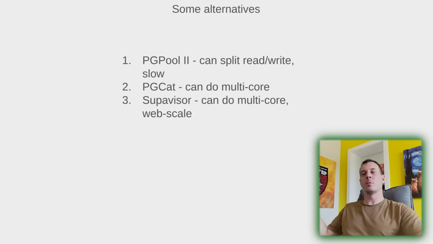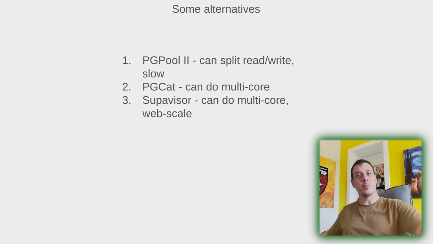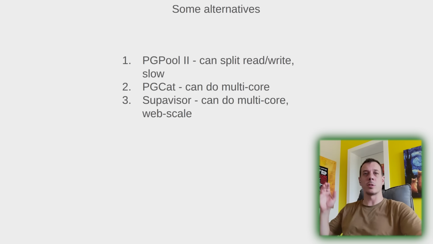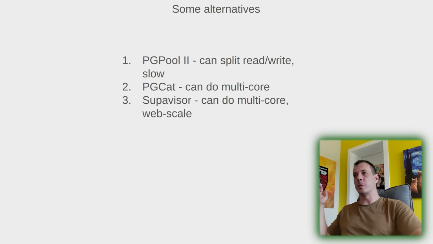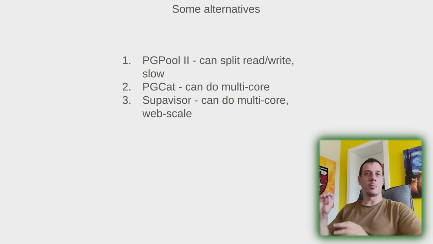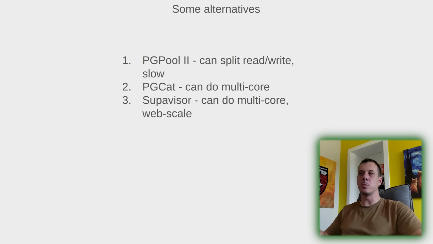For example, we have PgPool, but it's very slow because it works not on the connection level, but on the application level. It parses the query. It can do some additional logic, and it is useful in some scenarios, but not in our cases. You have PgCat and Supavisor, which are more modern alternatives. They can do multi-core, but they also have their own drawbacks, and they are relatively fresh. So they are probably not as mature or stable as PGBouncer.